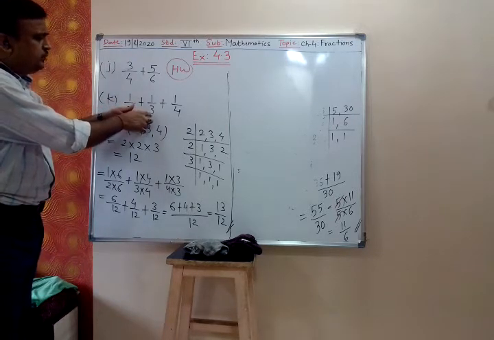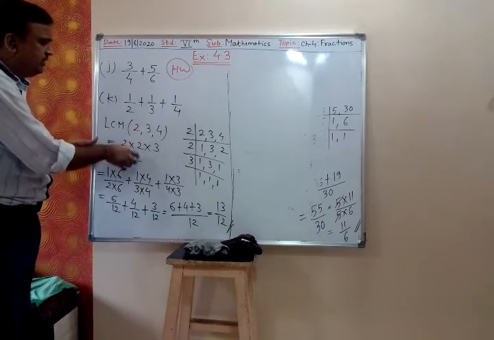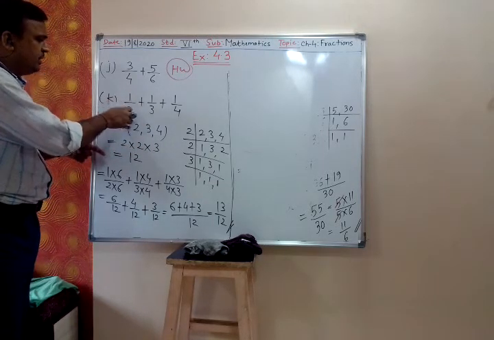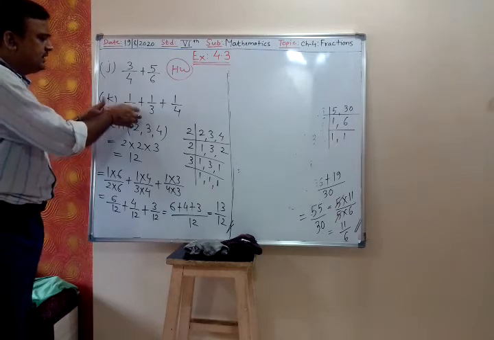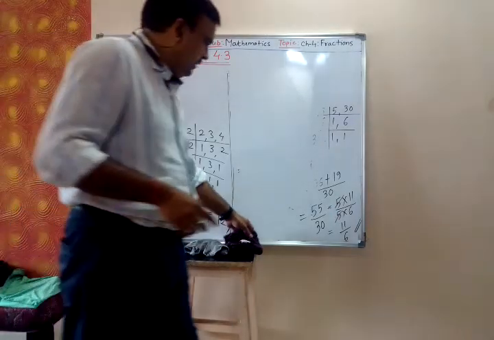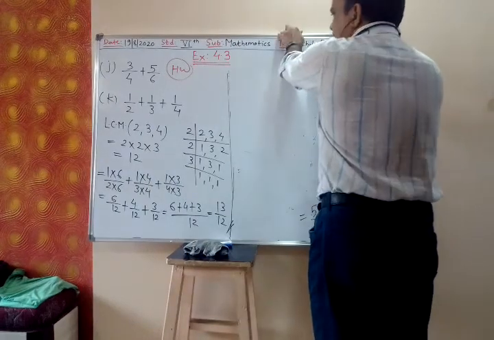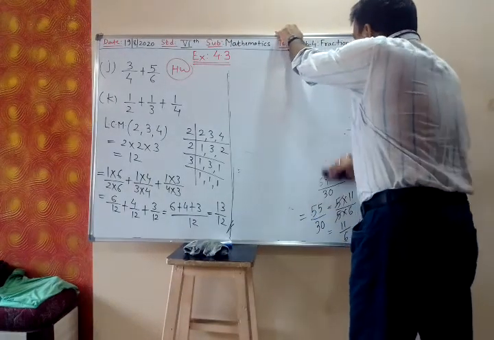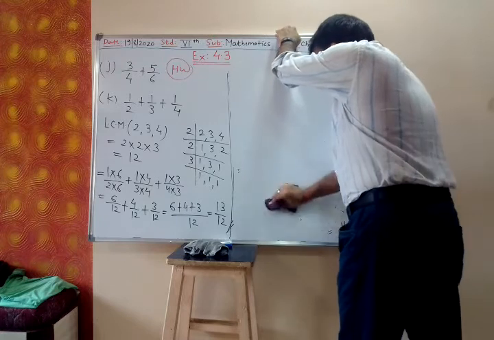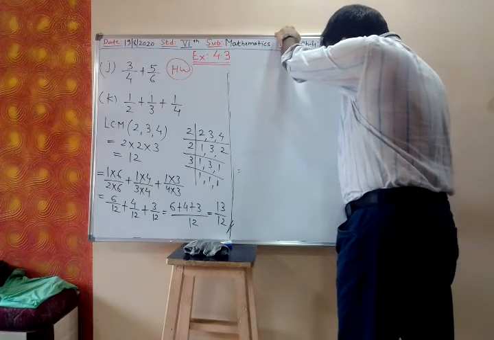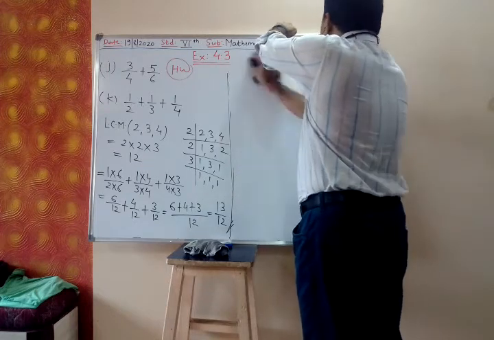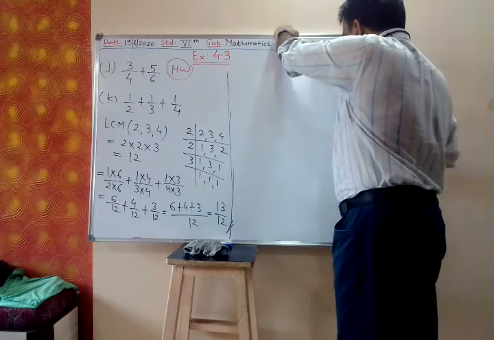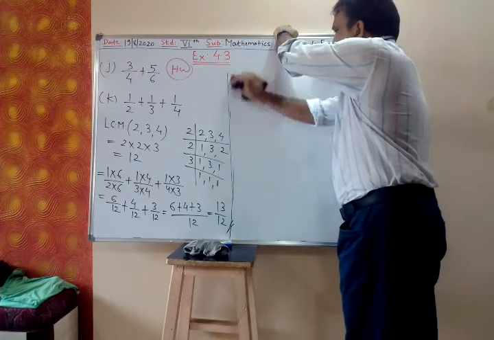This is 3. You have to multiply by 4 because we want denominator 12. We want the denominator of each fraction as 12. So I have to multiply 2 by 6. To make denominator 12, you have to multiply 2 by 6.